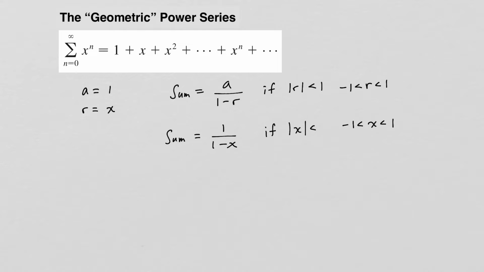So to put this a little bit differently, the power series that you see here is equal to the function 1 divided by 1 minus x as long as x is a number in between 1 and negative 1. So we can write 1 divided by 1 minus x is equal to 1 plus x plus x squared plus x cubed plus etc. if x is a number in between 1 and negative 1.